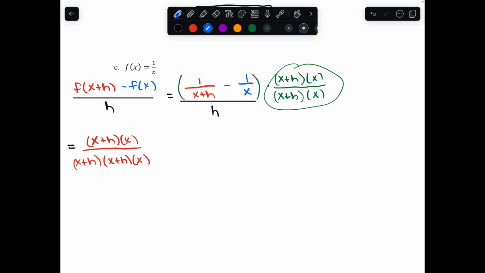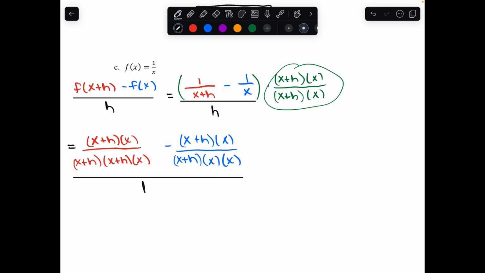Then the right side will become (x plus h) times x, all divided by (x plus h) times x times x. And of course, we can't forget about our divided by h at the end. But let's go ahead and see what happens. In the red, I have an x plus h and an x plus h right here, so I can cancel those out.